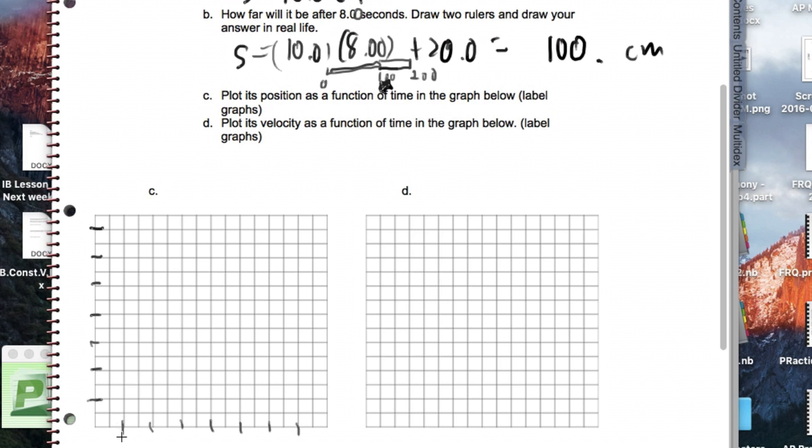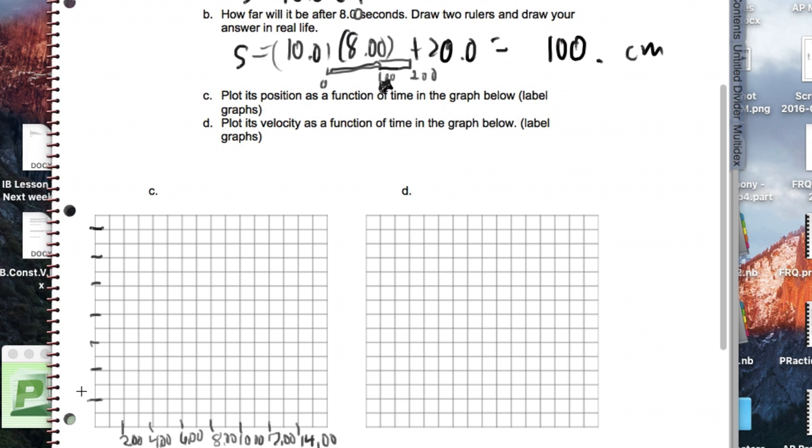Again, let's be clear: 2.00, 4.00, 6.00, 8.00, 10.00, 12.00, 14.00.